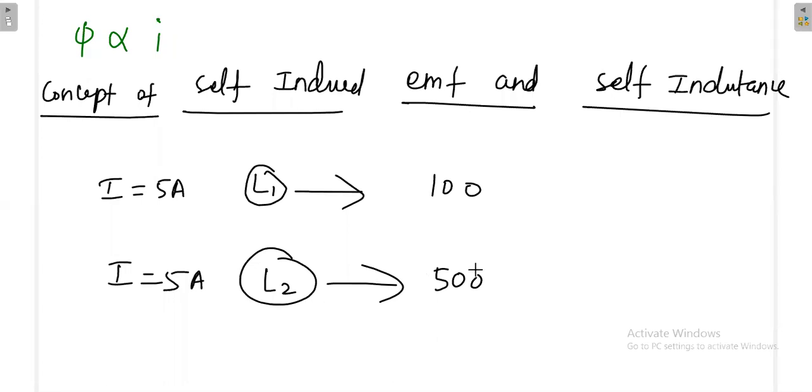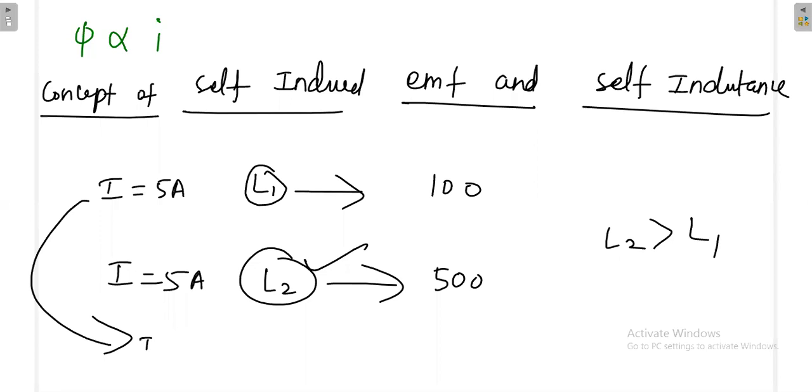Then L2 is greater than L1. But I can also get 500 with L1, what I have to do is increase my current. If I increase my current to 25 amperes with the same inductor, then also I will get 500 flux. So you have to understand it properly.